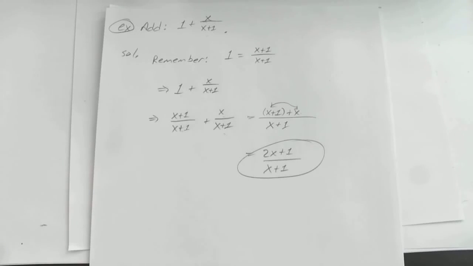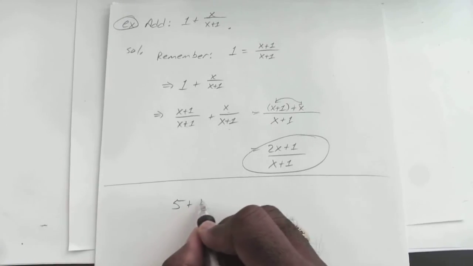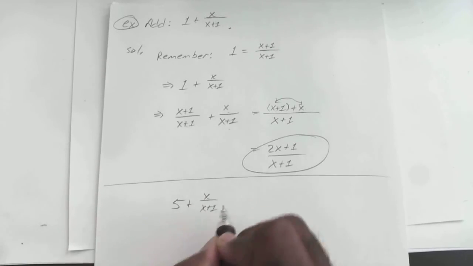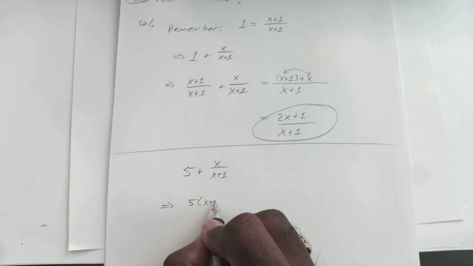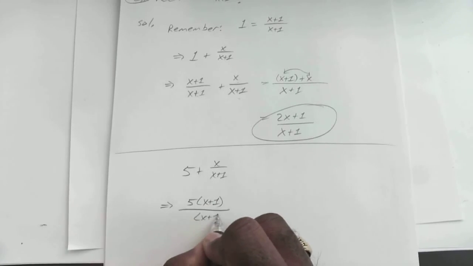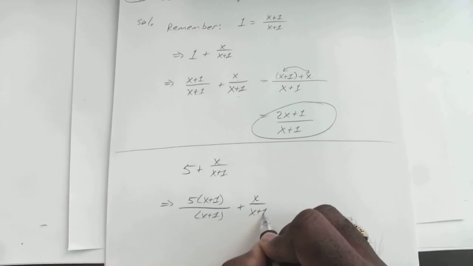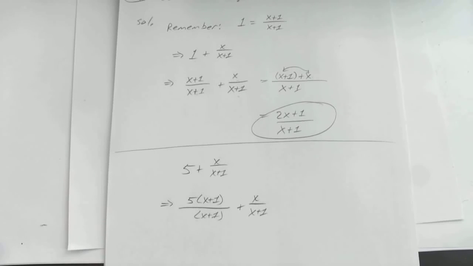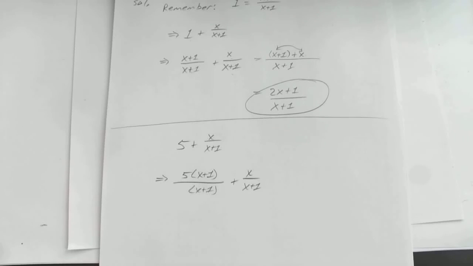All right, any questions on that one? Yes. If the 1 was a 5, it would be x plus 5 over x plus 5? Oh no, if you had, let's say, 5 plus x over x plus 1, then you'd make it 5 times x plus 1 over x plus 1 plus x over x plus 1. Why are you multiplying the 5 times x plus 1?